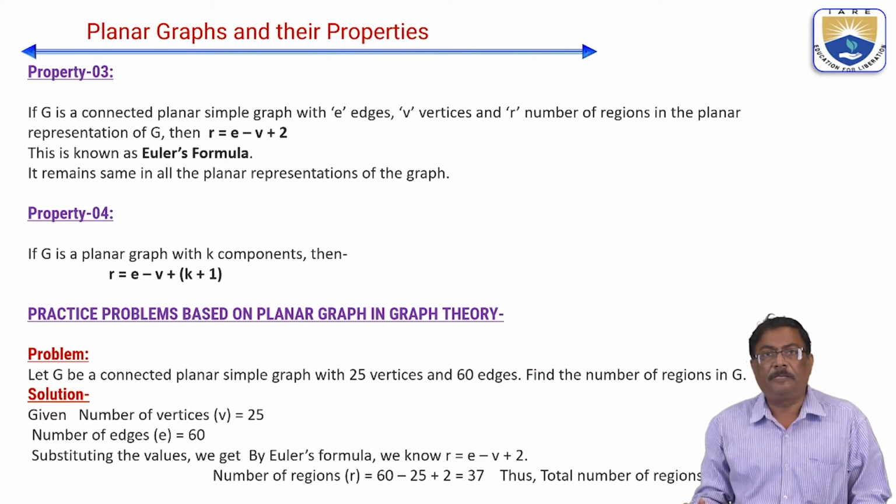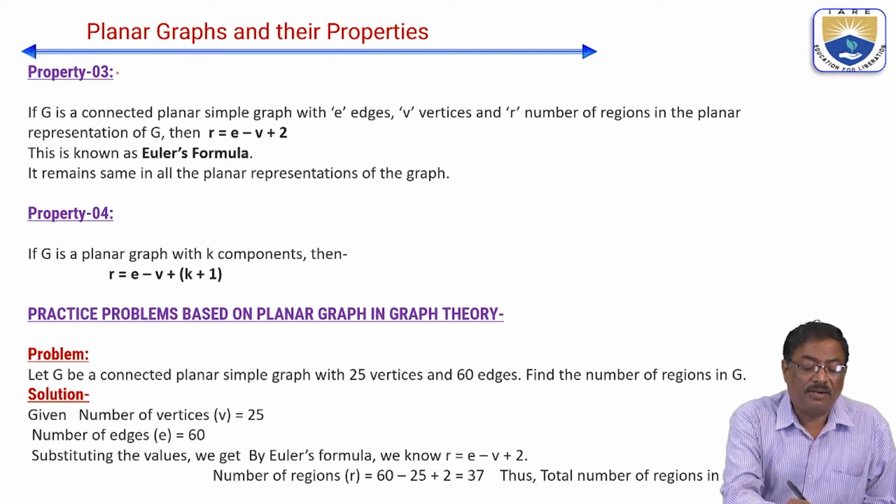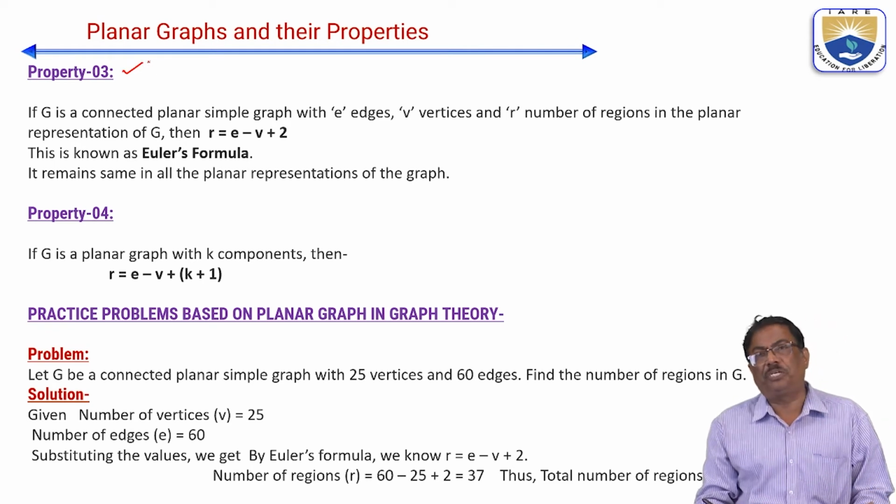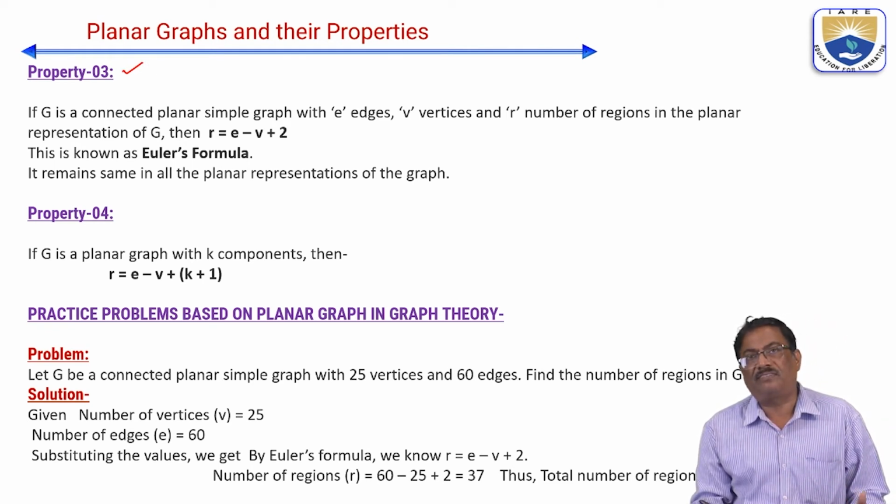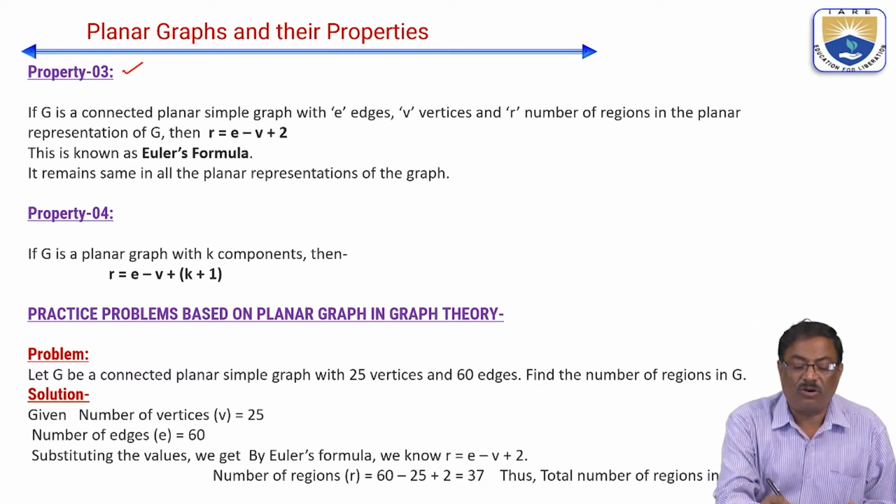Now the third property. Here, what is the relationship between the edges, vertices and regions? The relationship between vertices, edges and regions is known as Euler's formula.